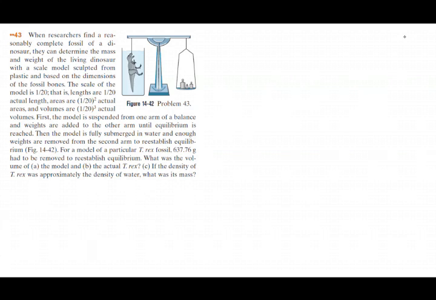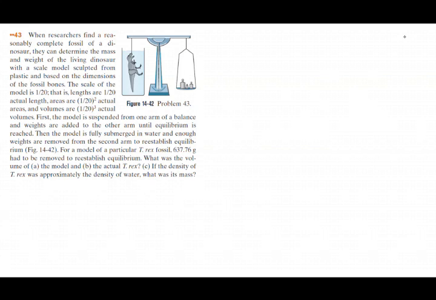The scale of the model is 1 over 20. That is, lengths are 1 over 20 of actual lengths, areas are 1 over 20 to the power 2 of actual areas, and volumes are 1 over 20 cubed of actual volumes. First, the model is suspended from one arm of a balance, and weights are added to the other arm until equilibrium is reached.